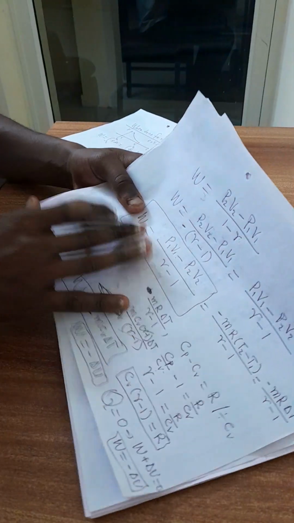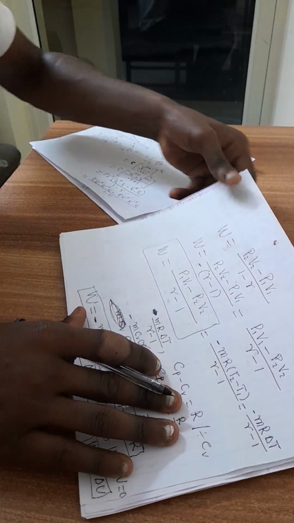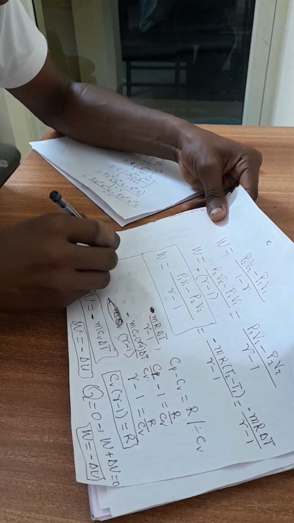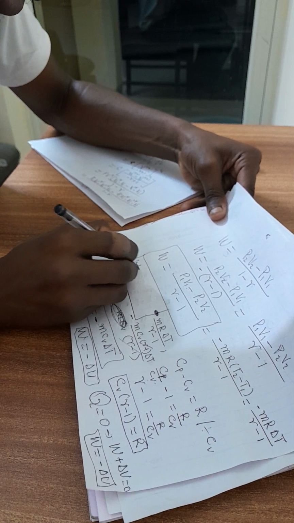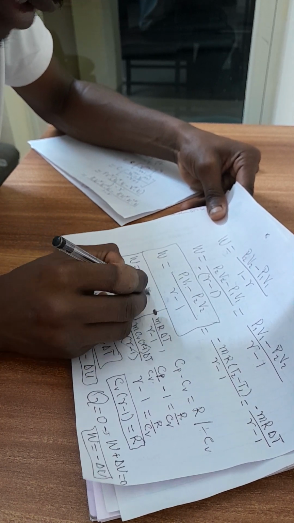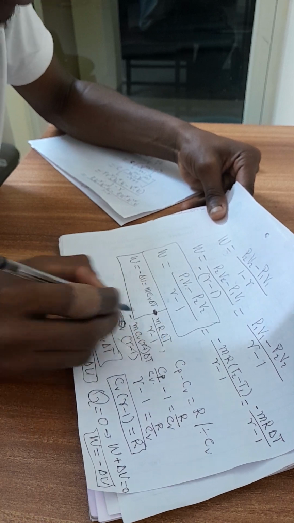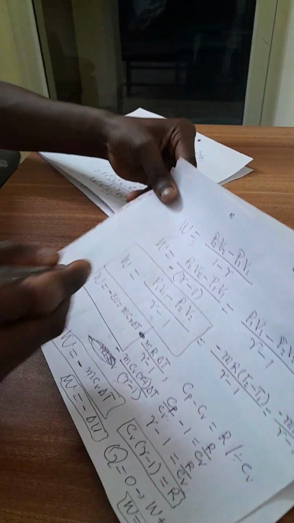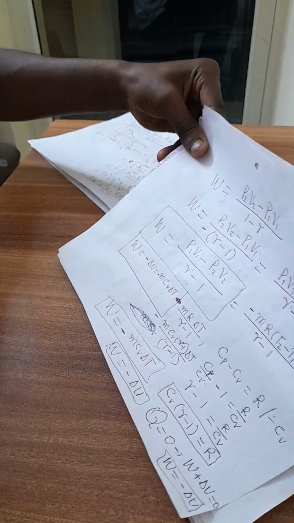So now that we know what is work done, let me just put it here. So here work done is the same, minus delta U, but that is m Cv delta T. Okay, this is also true.